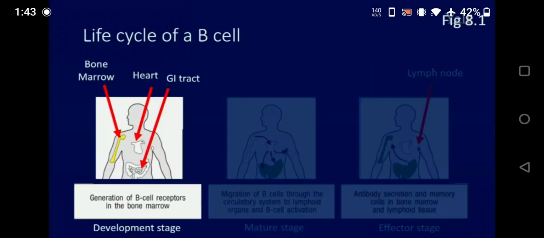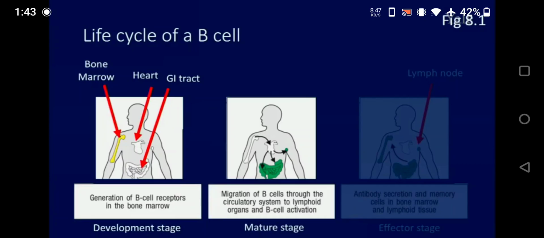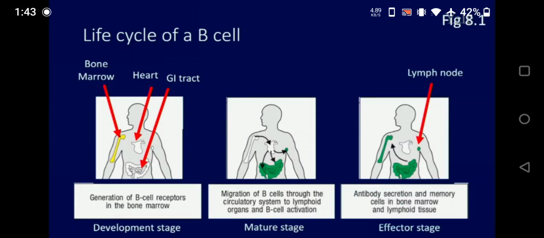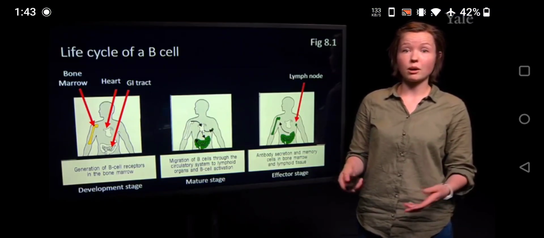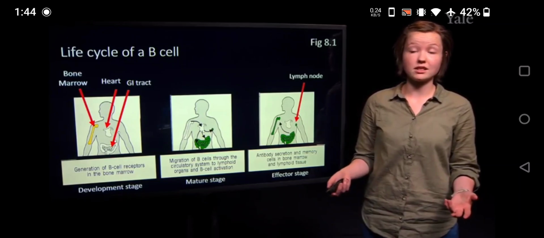And then they will move on to their mature stage, where they move into the secondary lymphoid organs. And then, as mentioned previously, during the immune response, they will move into this effector stage in which they can elicit an immune response, and this will be primarily covered in subsequent lectures about B cell activation and response to different pathogens.